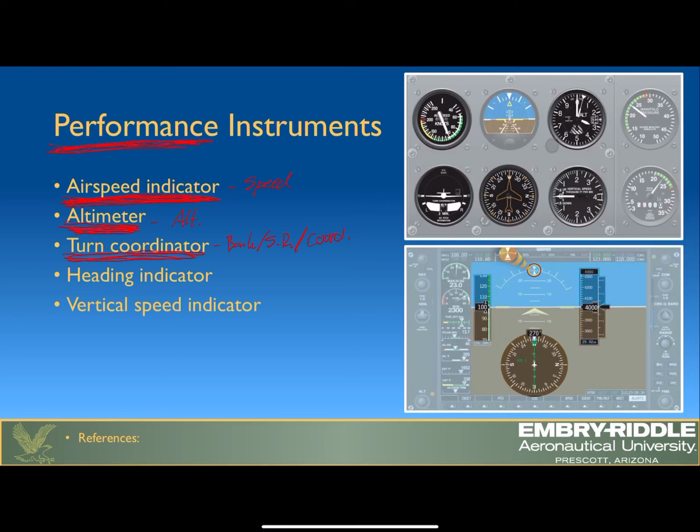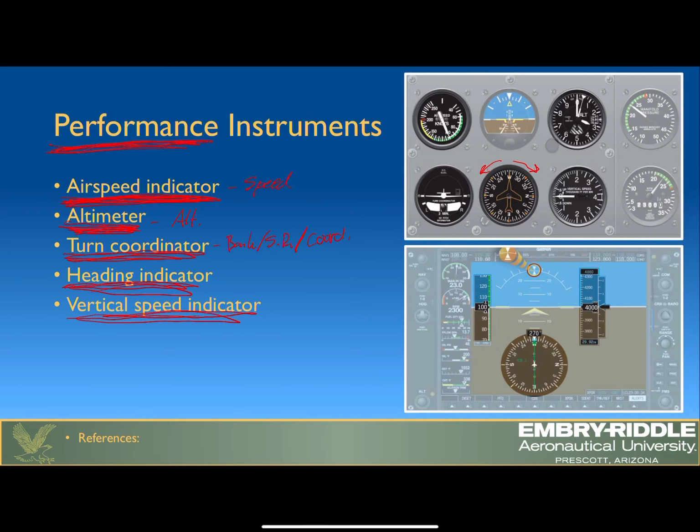So the turn coordinator is giving us those three bits of information for performance. And then we have our heading indicator. Again, that's telling us how the control inputs we've put in are changing our direction. So it's giving us that piece of performance, and then our vertical speed indicator. So these are the performance instruments.